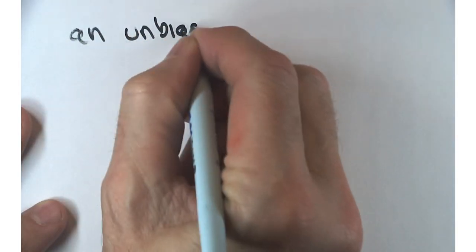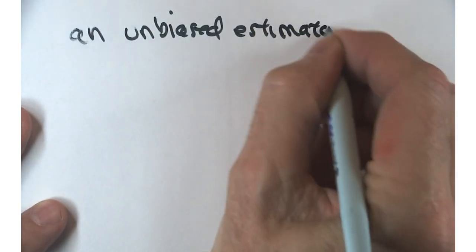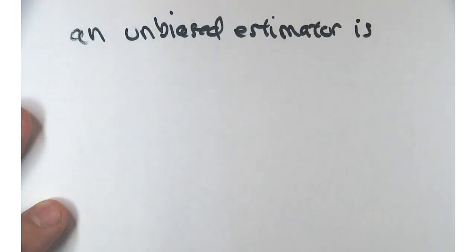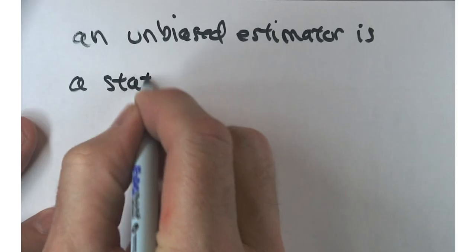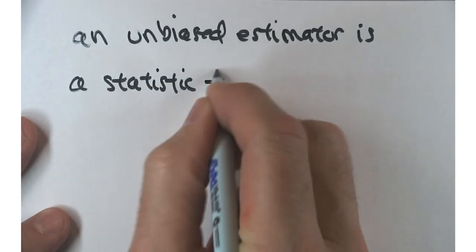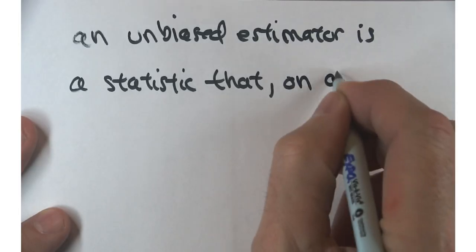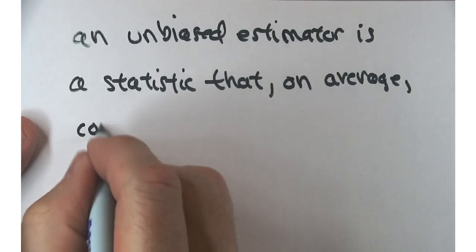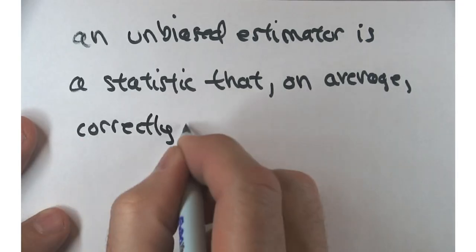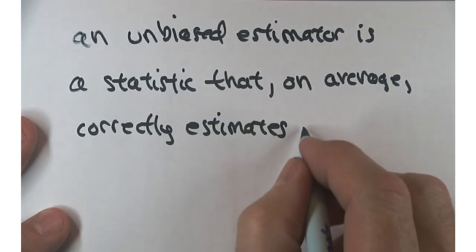An unbiased estimator is a statistic that, on average, correctly estimates its population parameter.